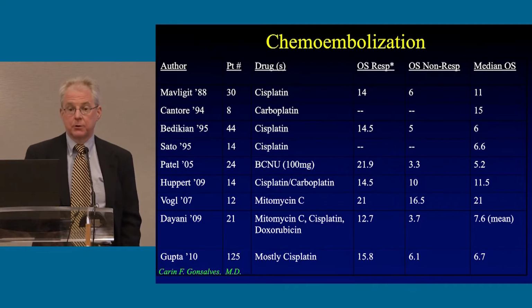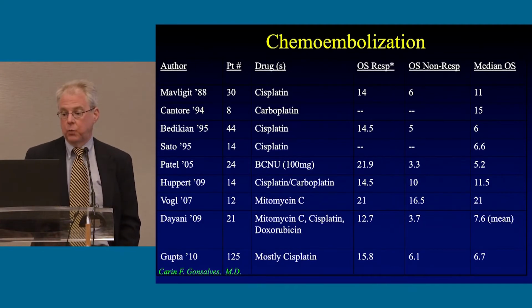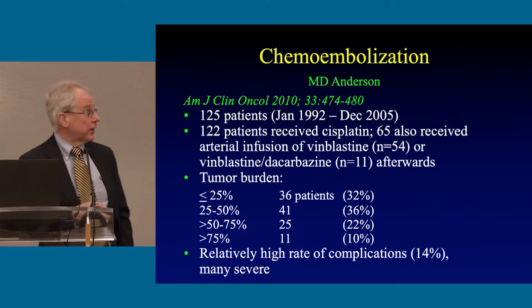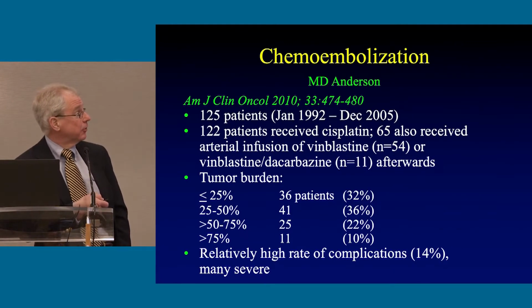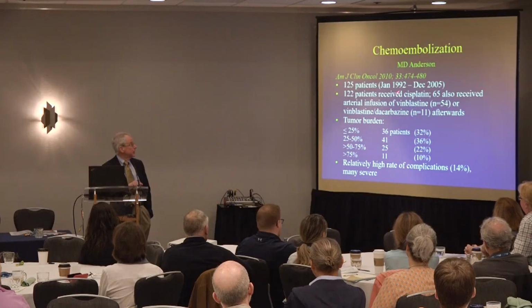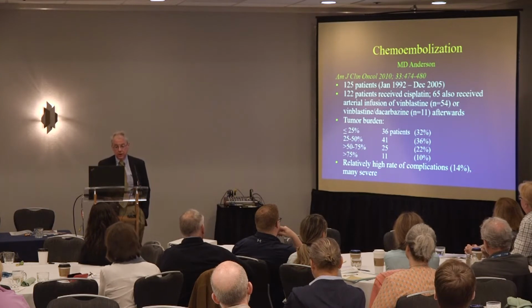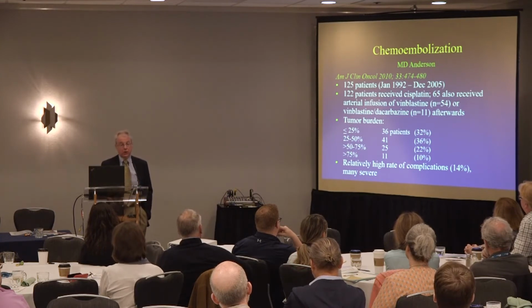So again, just as a reminder before we move on to chemoembolization of where we used to be, and this is probably the largest experience I'm aware of from MD Anderson, again, over a very long period of time. Almost all patients received cisplatin as a chemoembolization agent, but then half the patients also got an arterial infusion afterwards.